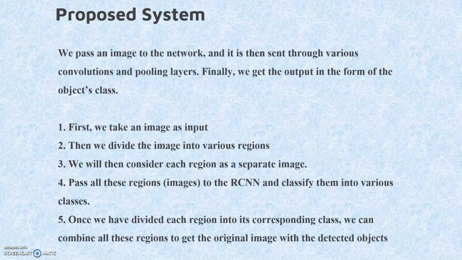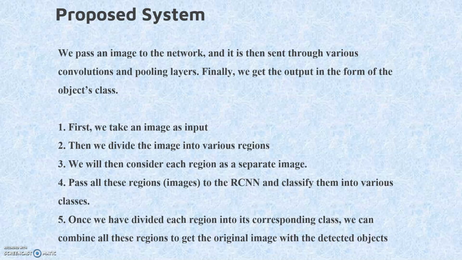In the proposed system, we pass an image to the network and it is sent through various convolution and pooling layers. Finally, we get the output in the form of object class. First, we take the input, which is an image.